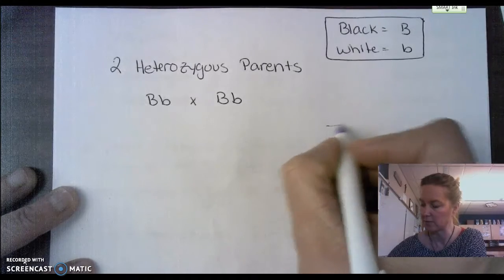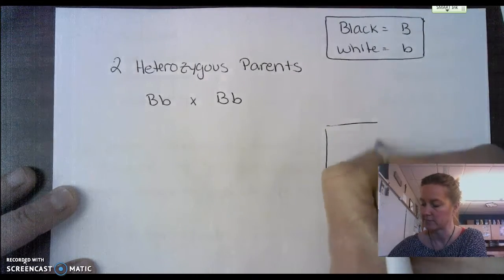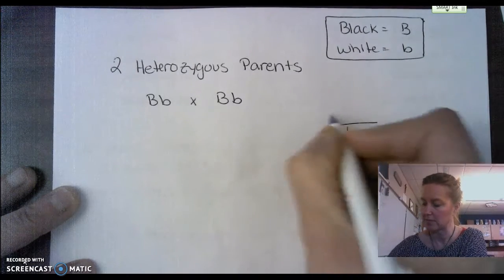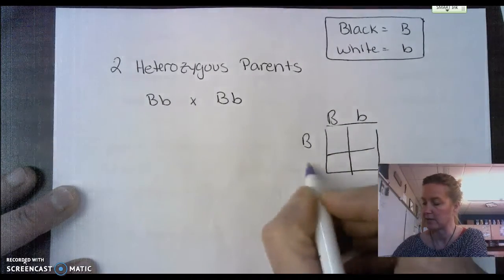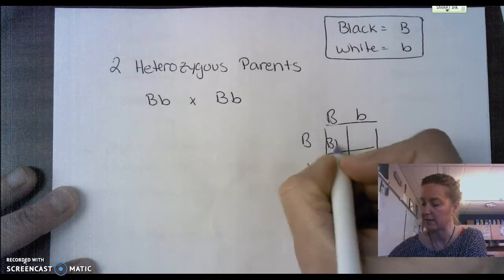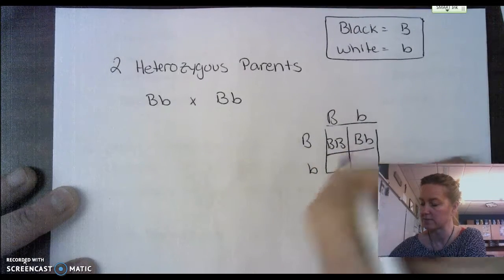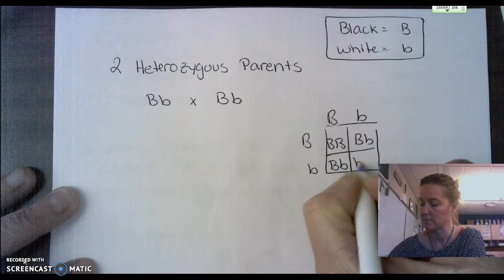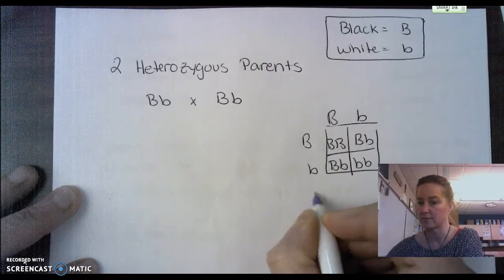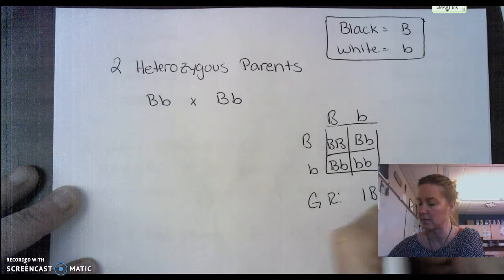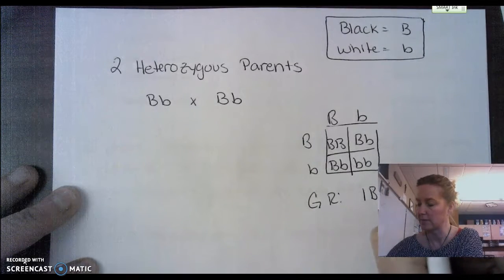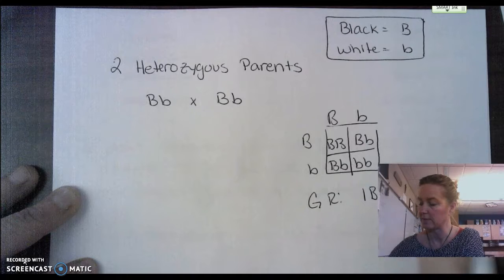So if I go through and I do the Punnett square, what I am doing is I am putting one parent across the top. I will put the other parent down the side. I will fill in all of the squares. And then from this point, I can get a genotypic ratio of 1 big B, big B to 2 big B, little b's to 1 little b, little b.